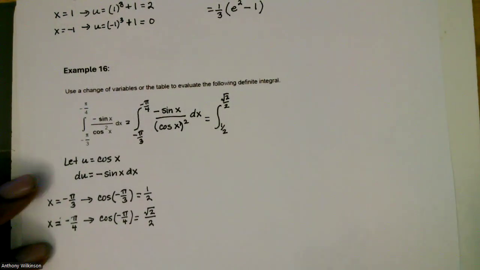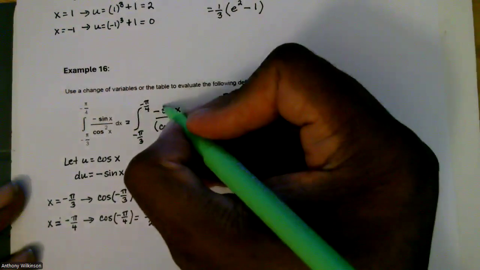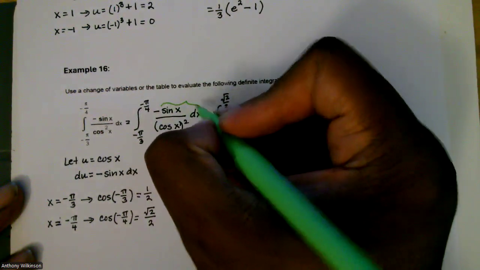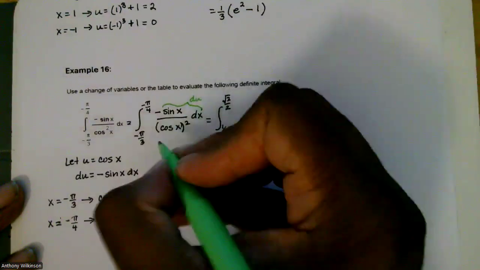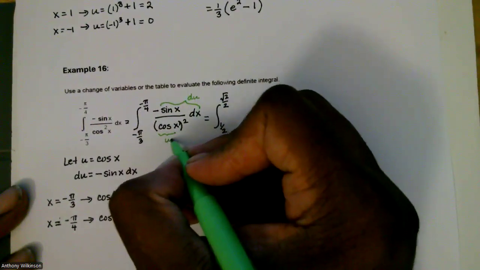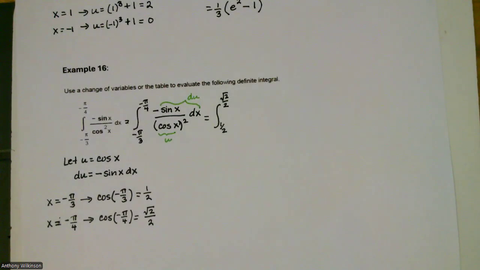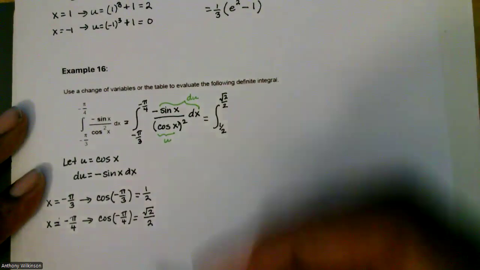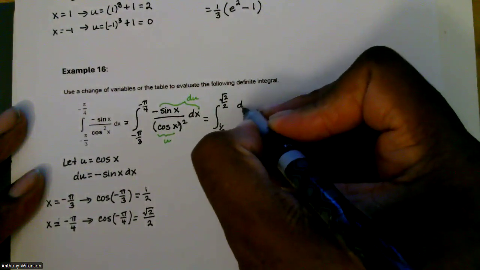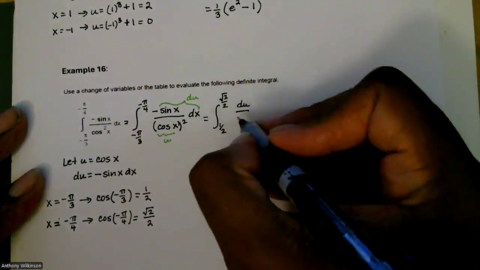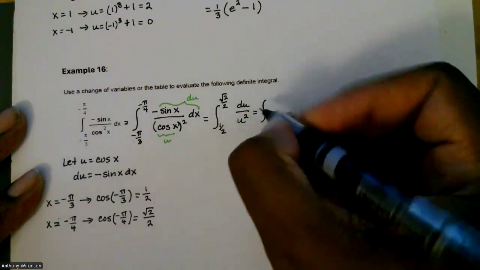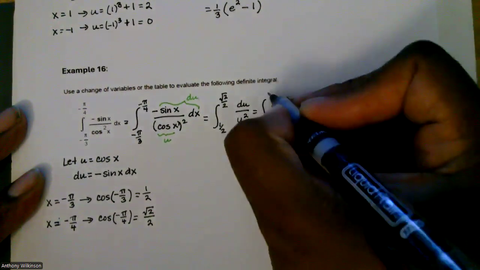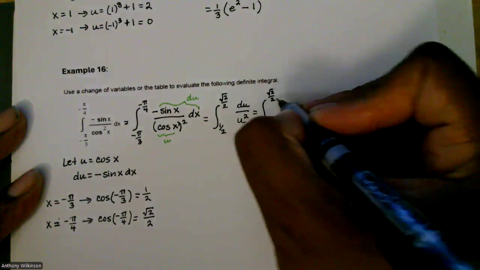And in this case, that negative sine x dx, that's your du. Cosine of x, that's going to be u. So here I got the integral of du over u squared, from 1/2 to the square root of 2 over 2.